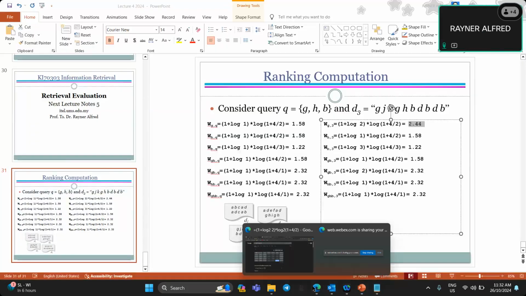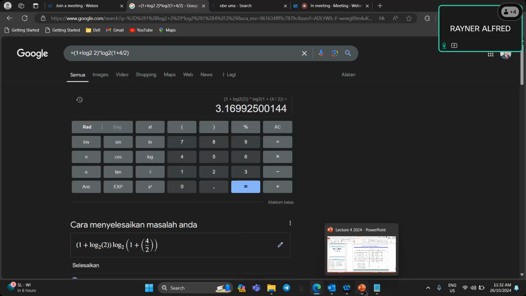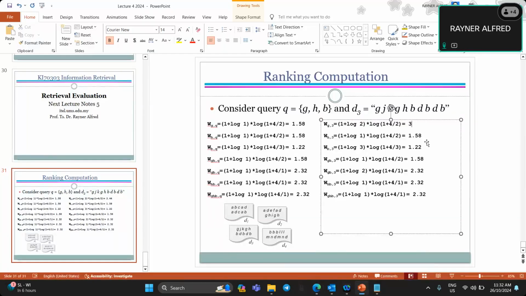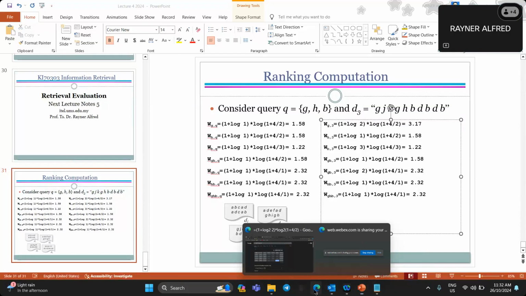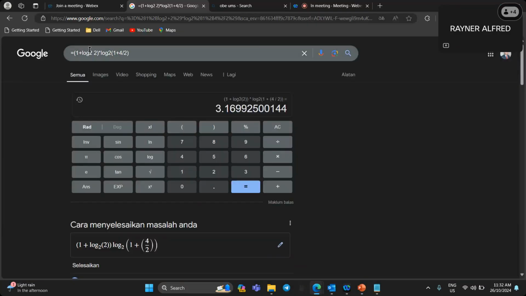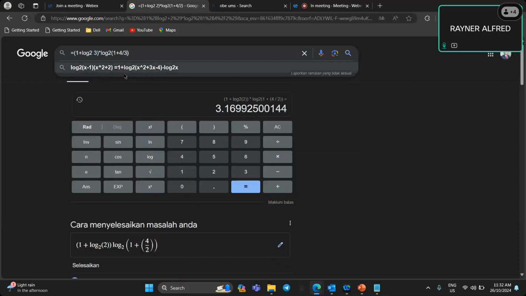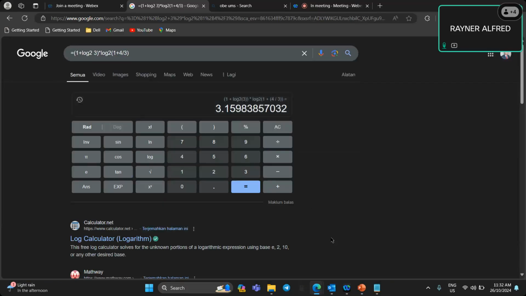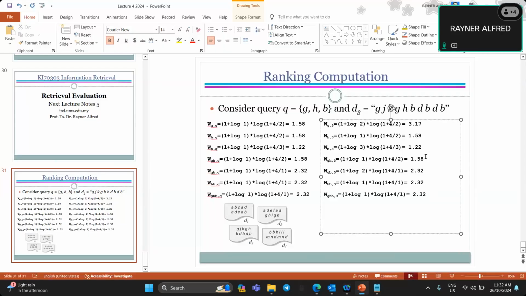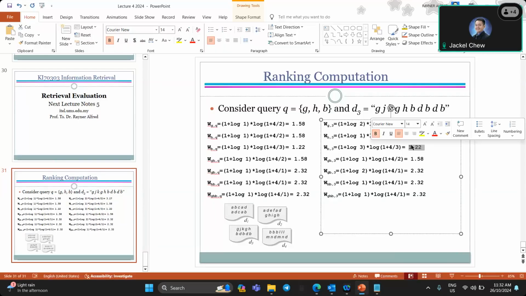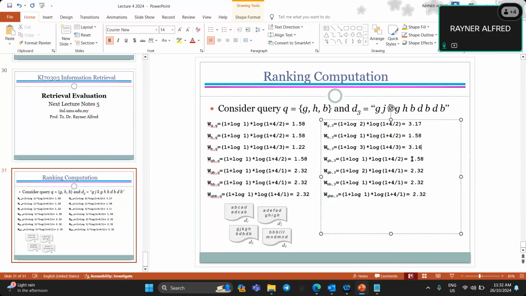The first one is 3.17, because it is only 2. So here is where we have 3. 3 and 3, we have 3.16, right? Yes, Prof. 3.16.